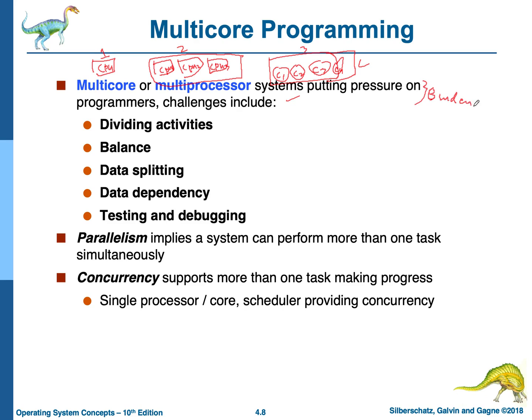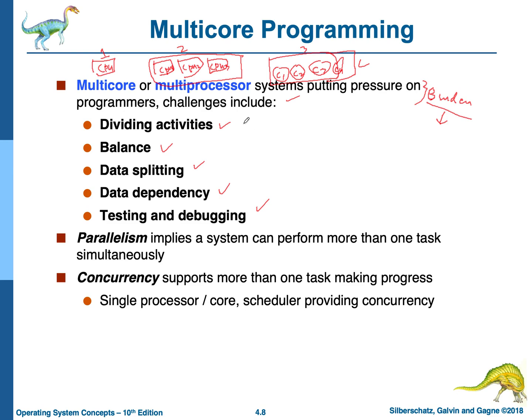The burden is to resolve some of the challenges of programming, like dividing activities, balancing, data splitting, then data dependency and testing. Now we'll come to these 5 challenges one by one.